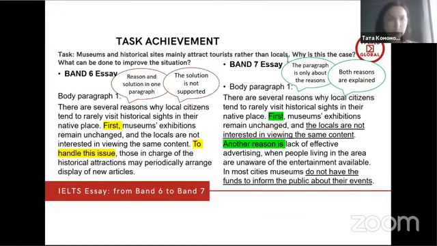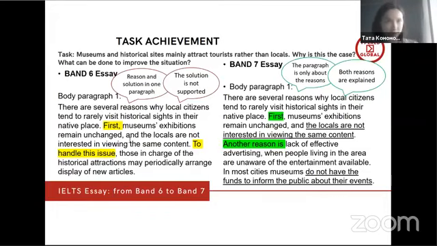Why is this the case? It's about causes. What can be done to improve the situation is about solutions. And if we have a look at the body paragraph for a band 6 essay, we can see that both reasons and solutions are mentioned in one paragraph. So first, museums' exhibitions remain unchanged and the locals aren't interested.